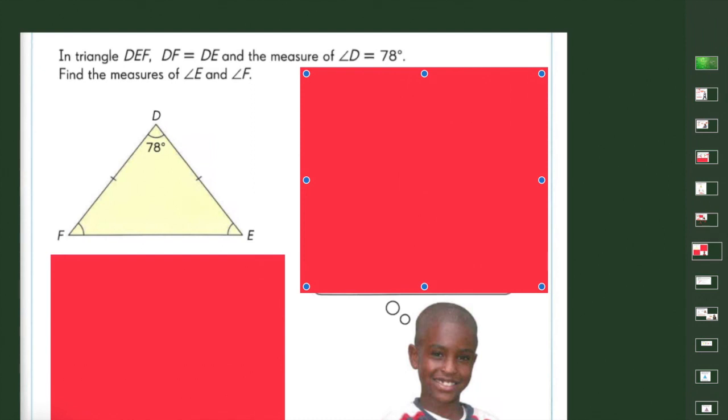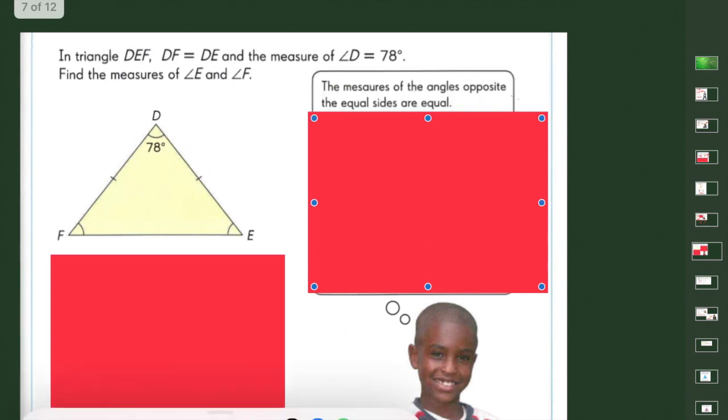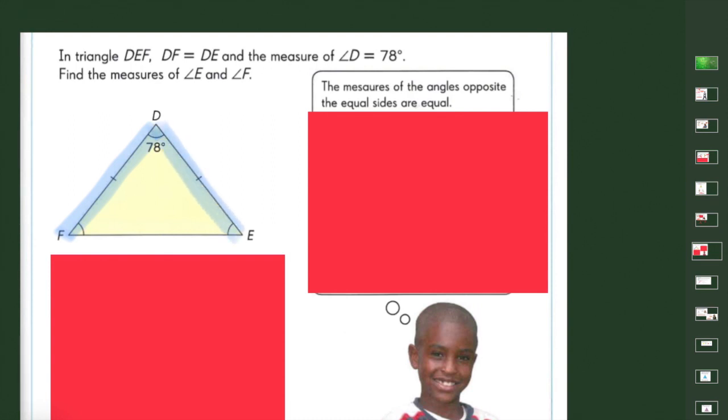Now let's look at another scenario related to isosceles triangles. We can see that the triangle is isosceles because we have line FD that is equivalent to line DE. So those two lines have the same measure. That tells me that angle F and angle E are going to have equal angle measures.